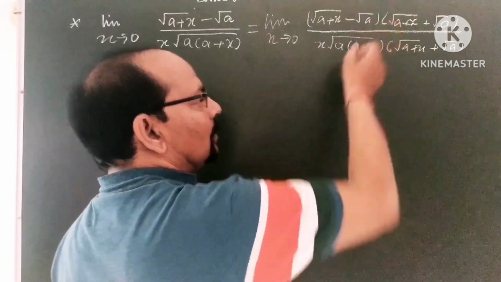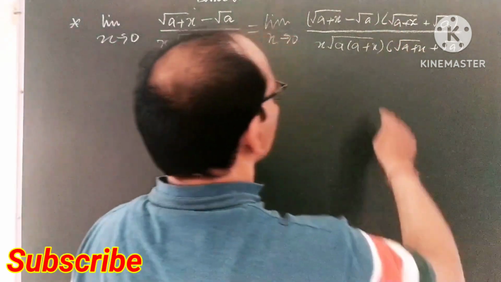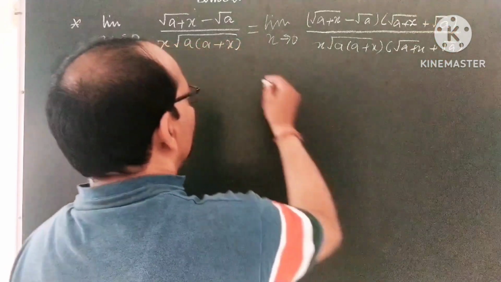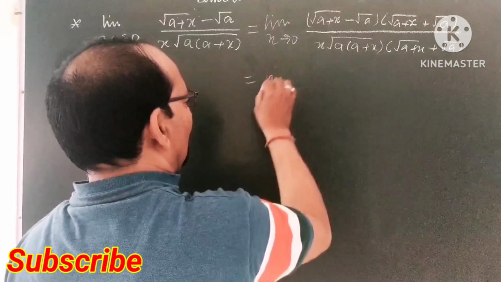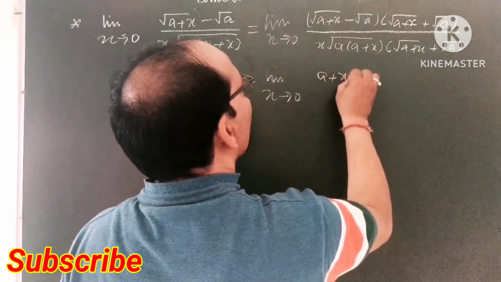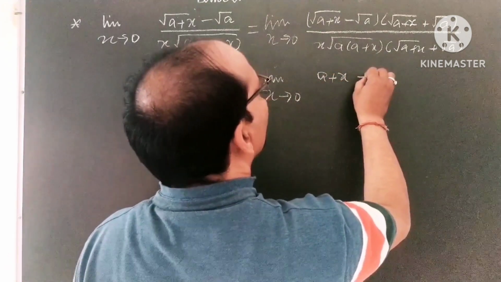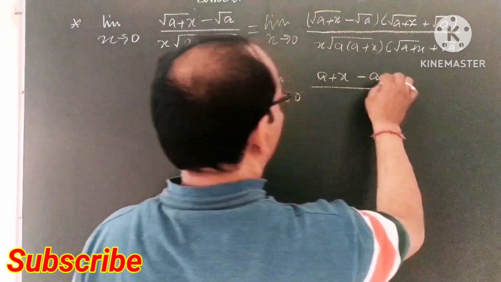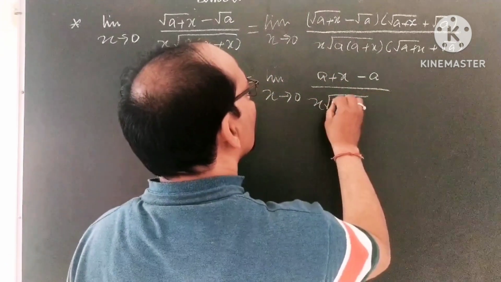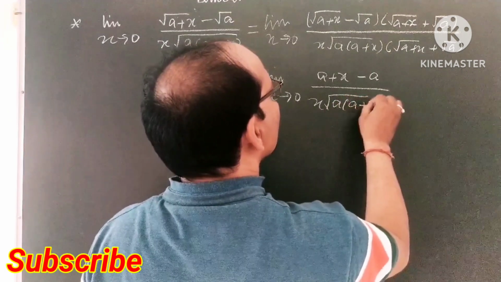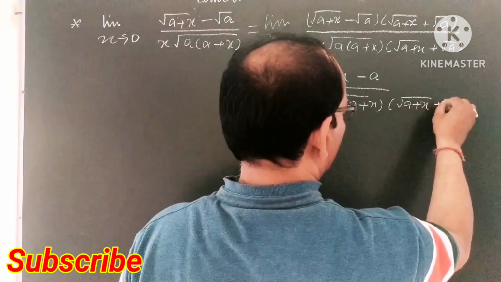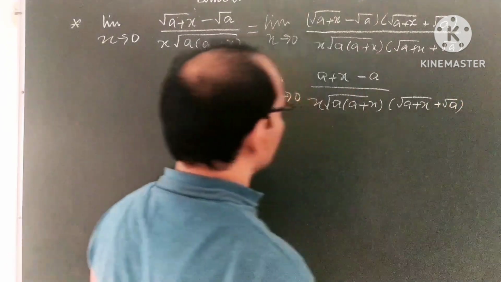After simplifying, the numerator will be in the a minus b, a plus b form. Therefore it will be limit x tends to 0, a plus x minus a, and there will be x root a into a plus x, and there will be root of a plus x plus root a.